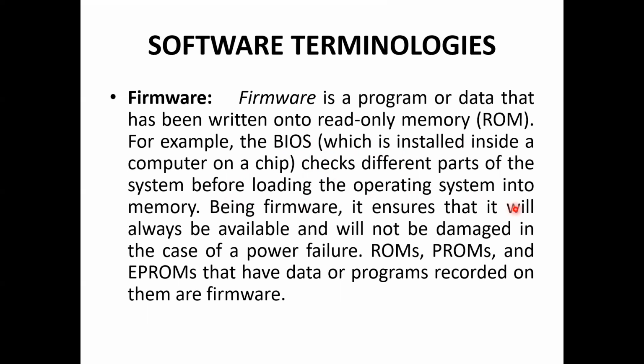Being firmware, it ensures that it will be available and will not be damaged in case of power failure. ROMs, PROMs, EPROMs and EEPROMs have programs recorded on them, which we have already discussed. I told you that the data are recorded previously, and in certain cases we can erase them too. So the programs that are written in them are firmware.